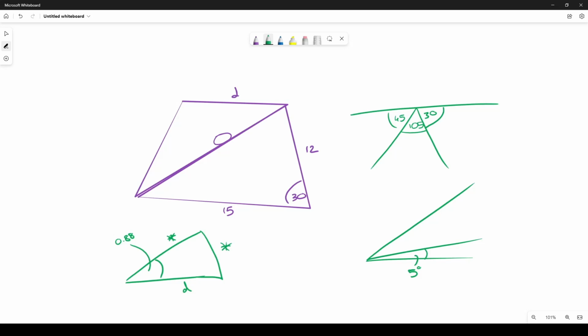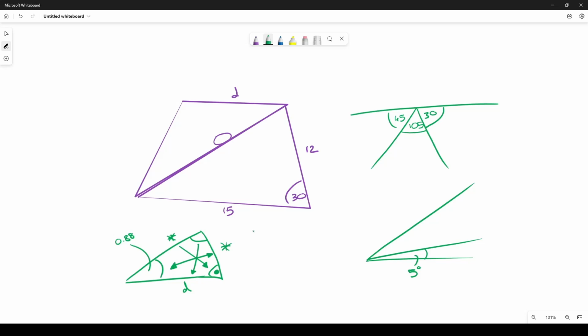As far as I'm aware, unless there's some shenanigans I'm ignoring, you have a matching pair that should have these 2, and you would use the sine rule, but there's no way of using the sine rule to directly get D. So you'd use the sine rule, and it would help you find this angle here, right? Just trust me on that. And then once you figure out that guy, again, maybe I'm missing something, you add this and this together, take it away from here to figure out what that angle is, and then do the sine rule one last time, because then you'll be able to figure out what D is.